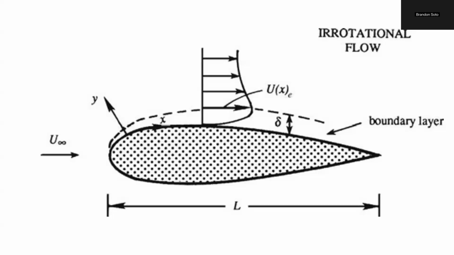It's like a portion of L. Considering that x right there, this is always going to be perpendicular to the main flow. x is along the wing, y is up from the wing.